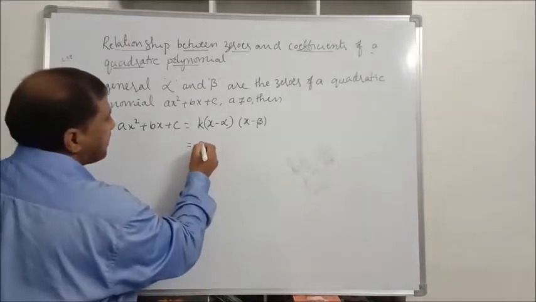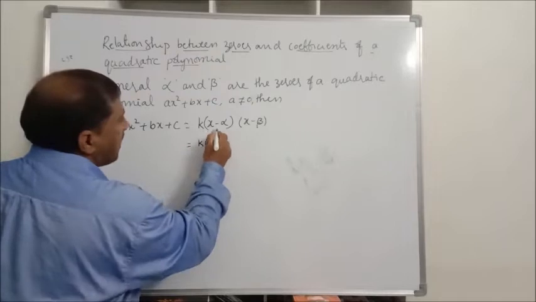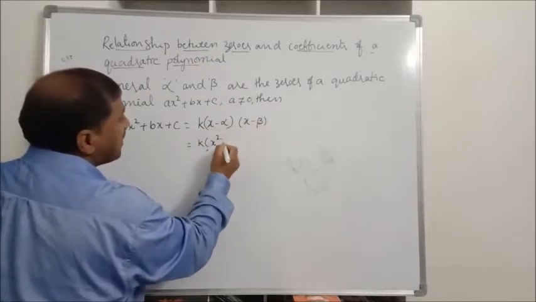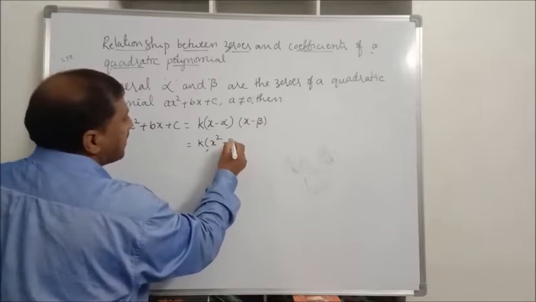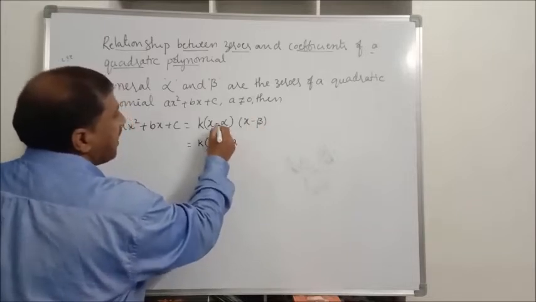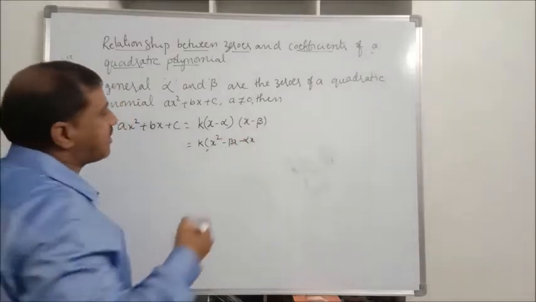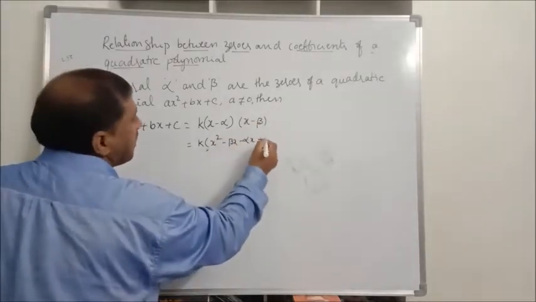Now multiply these two: x into x is x square, then x into minus beta is minus beta x, then minus alpha into x is minus alpha x, and minus into minus is plus alpha into beta.